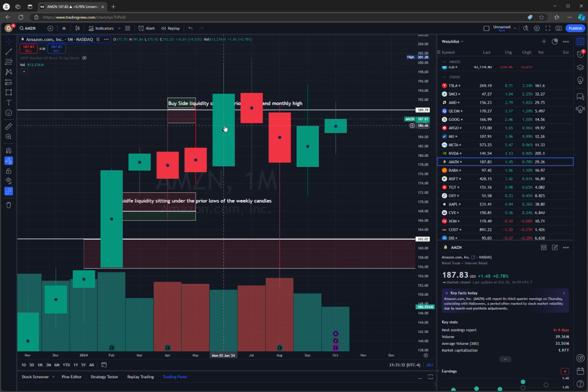You're looking for an edge. You're looking for something that has a probabilistic outcome of happening more than the opposite. And as long as that edge has not only a higher probability of playing out than the opposite, and it has a good enough risk reward, all you got to do is act on that edge every single time it shows up.